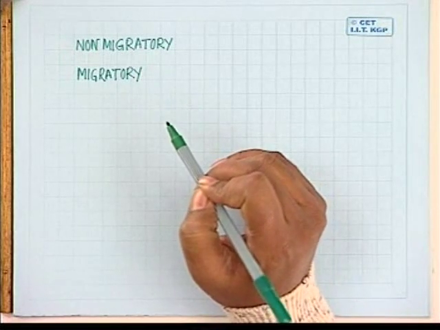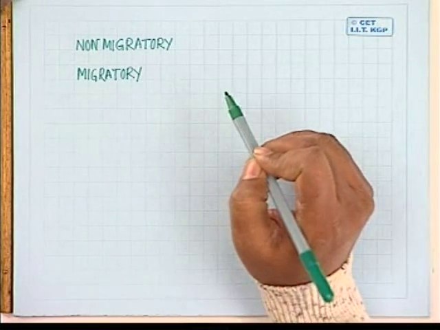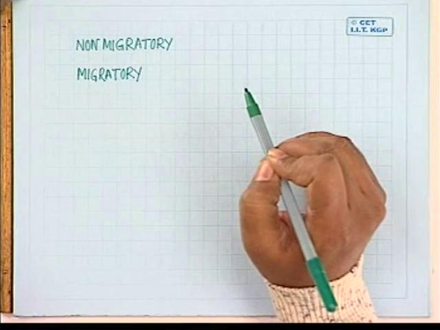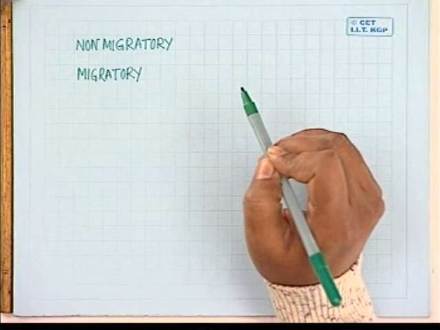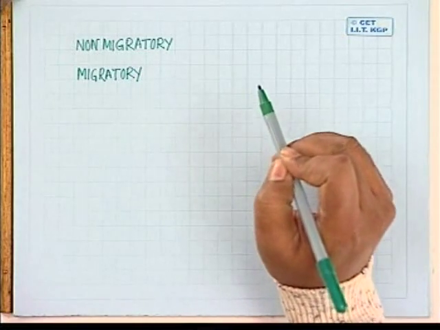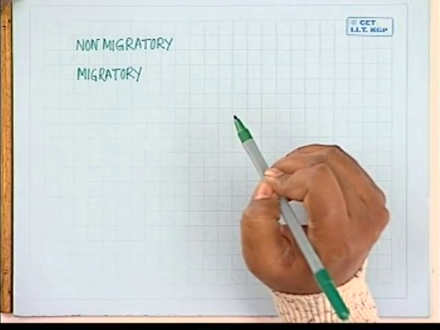Obviously, whether we go for non-migratory or migratory processor scheduling, we have to distribute multiple tasks among multiple processors. Now, these tasks can be created by a number of users where the tasks are independent, or it can also happen that the same task can be broken into a number of subtasks, where we can find out whether these subtasks can be computed independently or not.